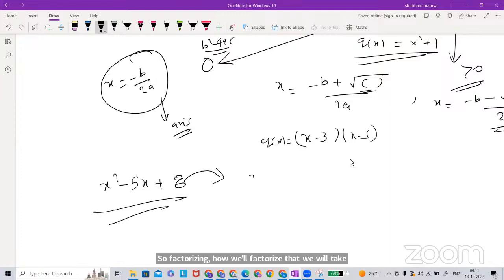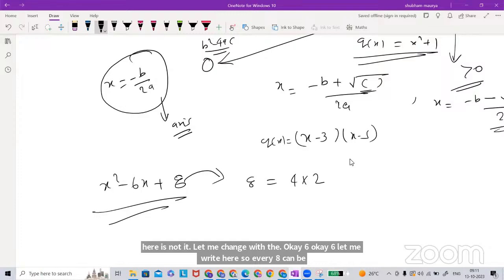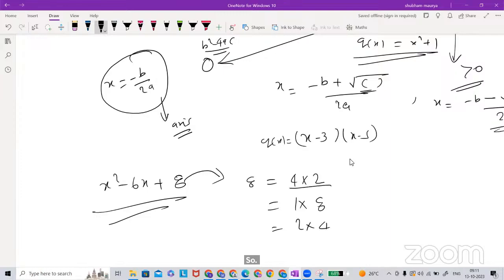Oh, here it is not 8, let me change it to 6. Okay, 6. Here 8 can be written as 1 times 8 or 2 times 4, the same as this.